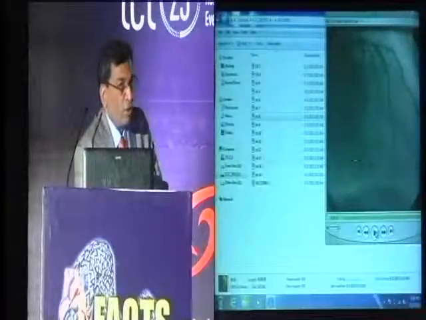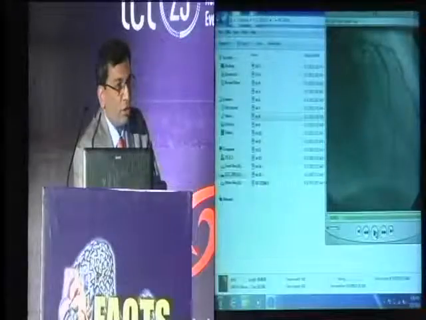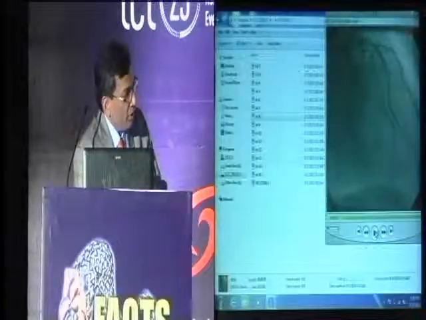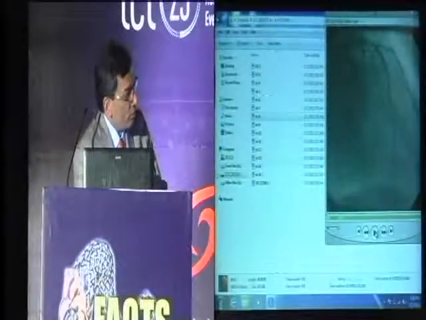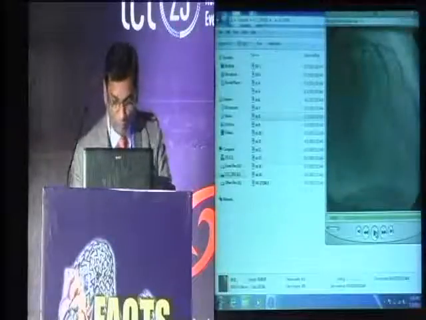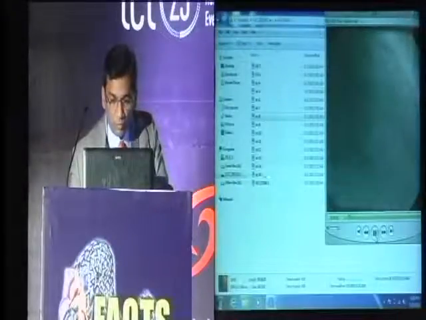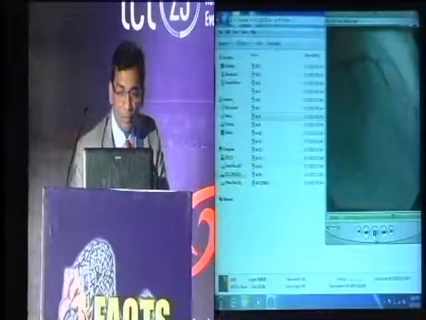The important aspect I want to point out in bifurcation disease is that until you really open up the bifurcation, you don't know which of the two is unstable, particularly in major bifurcations. We'll run that one more time.